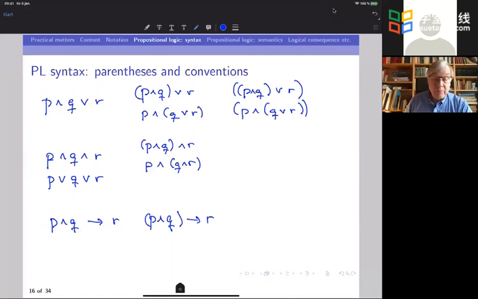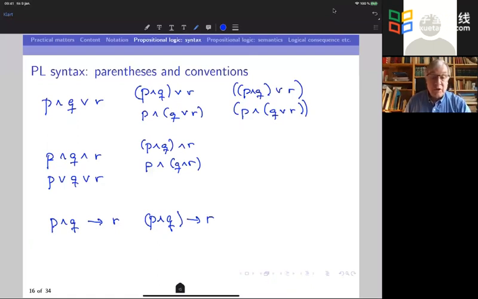So that means that conjunction in this case binds stronger than implication. It's convenient sometimes to leave out those parentheses around the conjunction and just write, excuse me, as we have done to the left here.